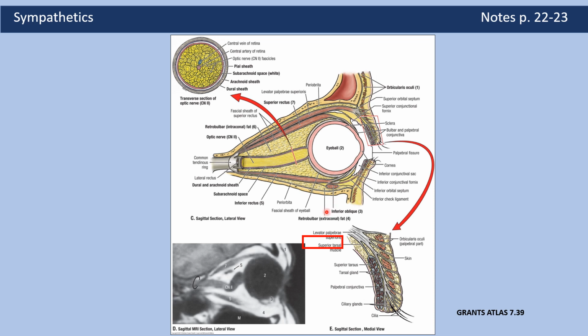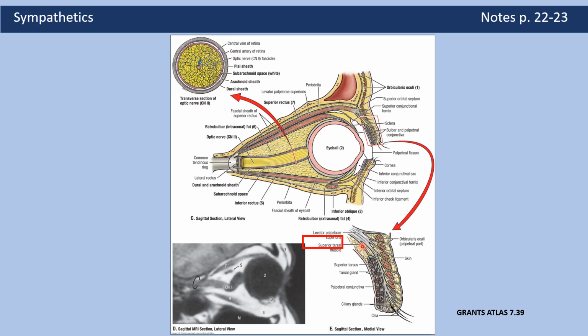So why do you get the ptosis? Because you're thinking, well, what does sympathetics have to do with the eyelids? There is a small muscle called the superior tarsal muscle, this small smooth muscle here, located near the levator palpebrae superioris. So that muscle, the levator palpebrae superioris, is here.